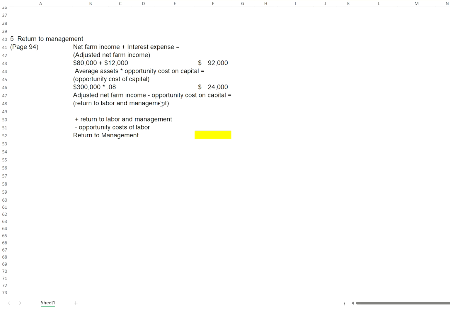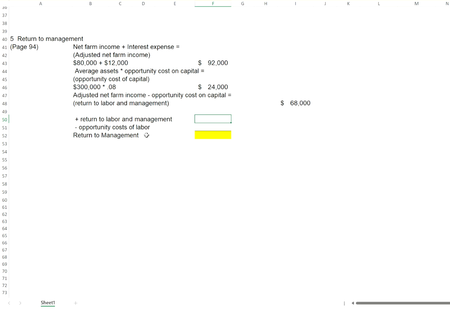Next, I will get my return to labor and management, and I will do that by taking the adjusted net farm income of $92,000 and subtracting the opportunity cost of capital that I calculated earlier of $24,000. That gives me $68,000.